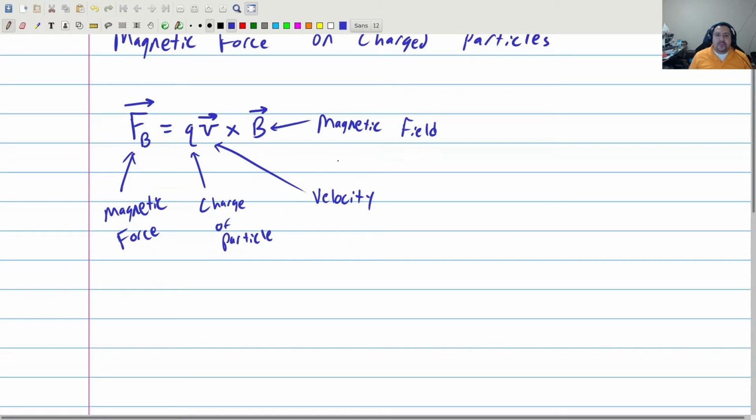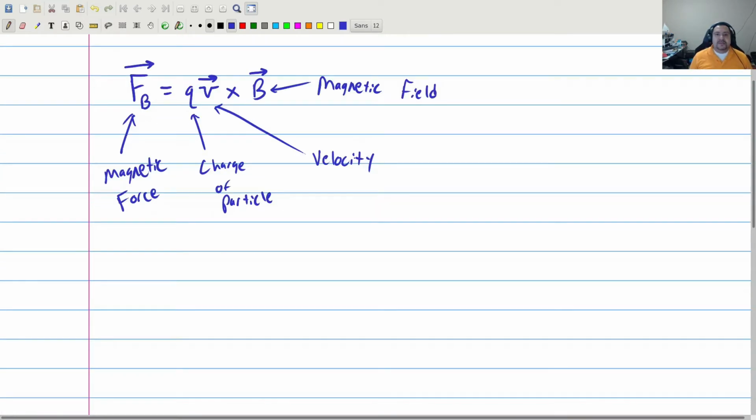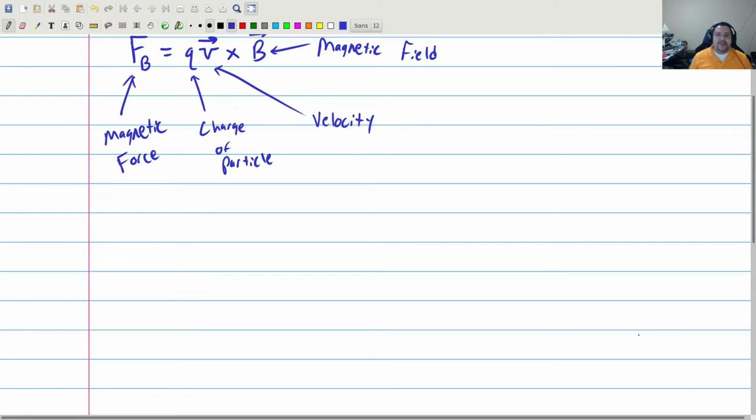So how do we apply this equation? Well, the first thing that we do is we need to draw a diagram of whatever our situation is. So let's imagine we have a positive charged particle right here. Maybe it's a proton. Yeah, let's make that a proton. So we have a proton that is right here.